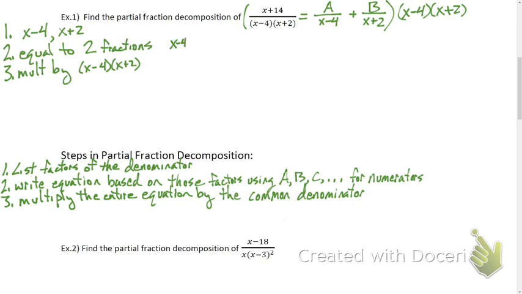You need to write x minus 4, x plus 2 next to every single term. So here's term number 1. Term number 2. By the way, you don't have to write this step if you can do this step in your head.